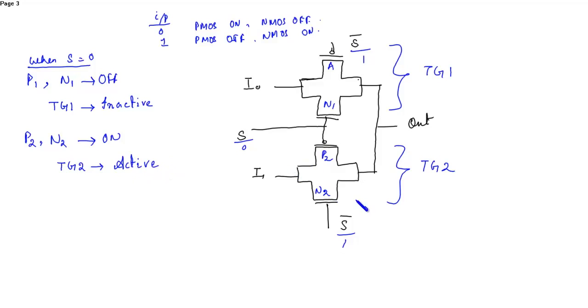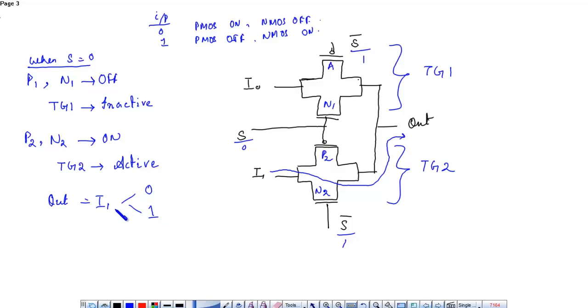When transmission gate 2 is active, then the input I1 is seen at the output. So out is equal to I1. I1 can have any value, that is, if it's 0 then out will be 0, if 1 then out will be 1. So whatever the value of the I1 will be there at that point will be seen at the output.